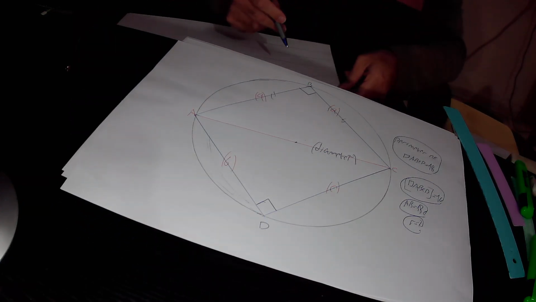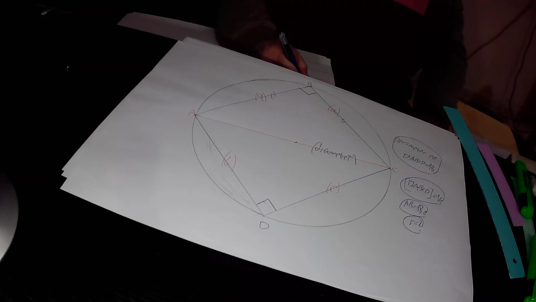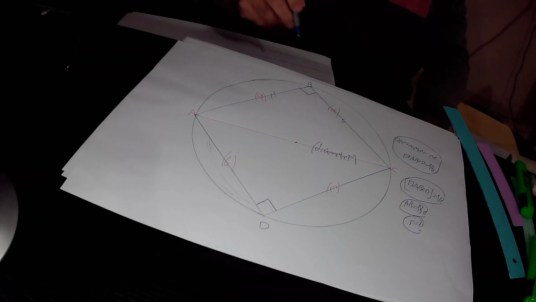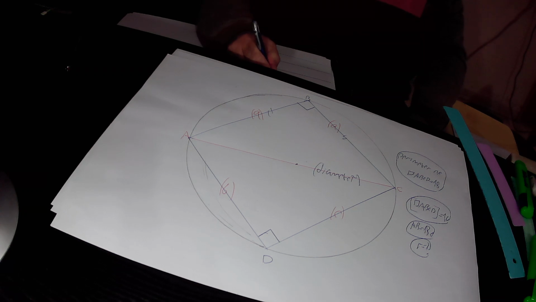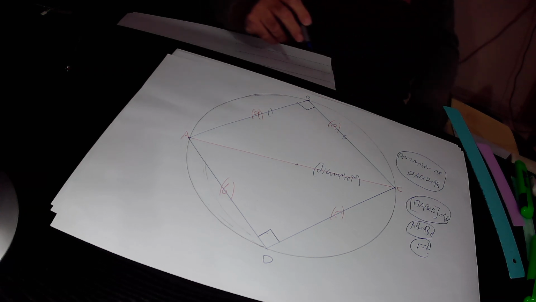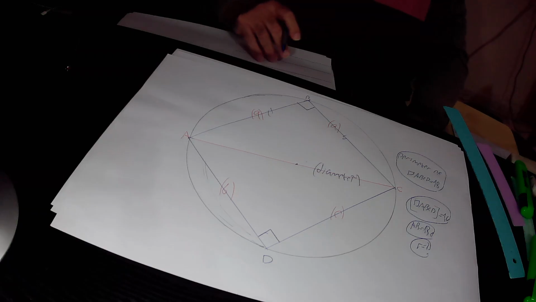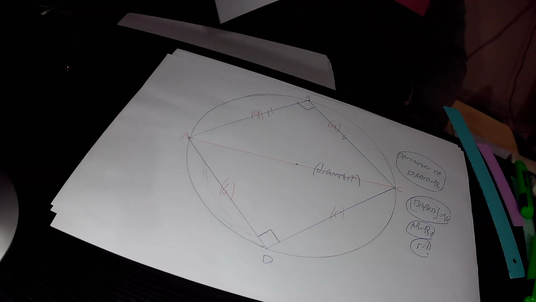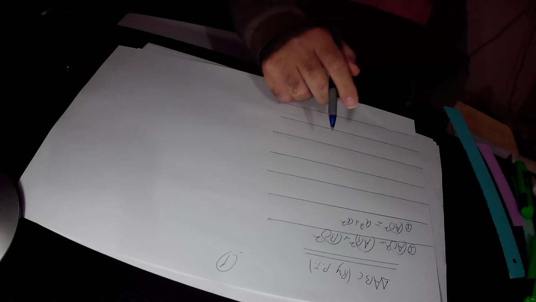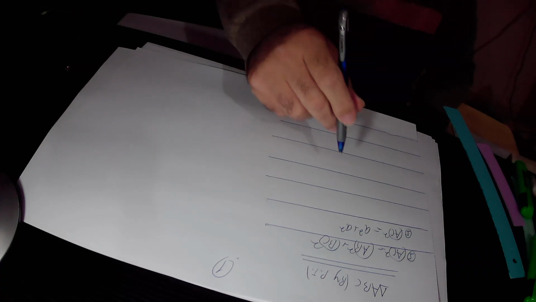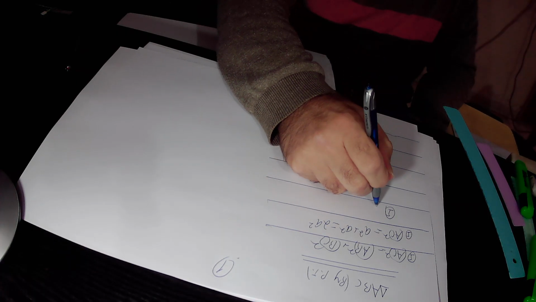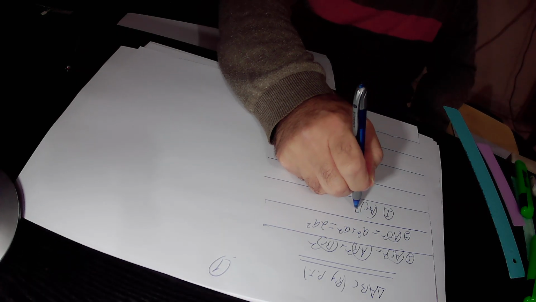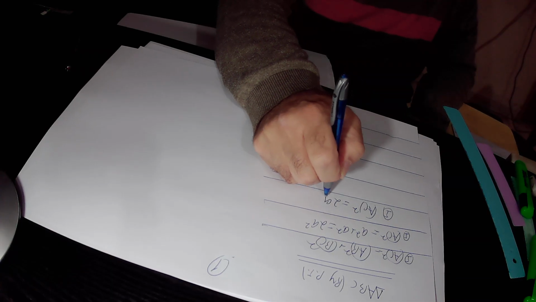AC is the missing side, so AC square equals AB square. AB is A, therefore AB square is A square, plus BC square. BC is also A, so BC square is A square. So in total, we found out that AC square equals A square plus A square, that is 2A square. AC square equals 2A square, according to equation 1.